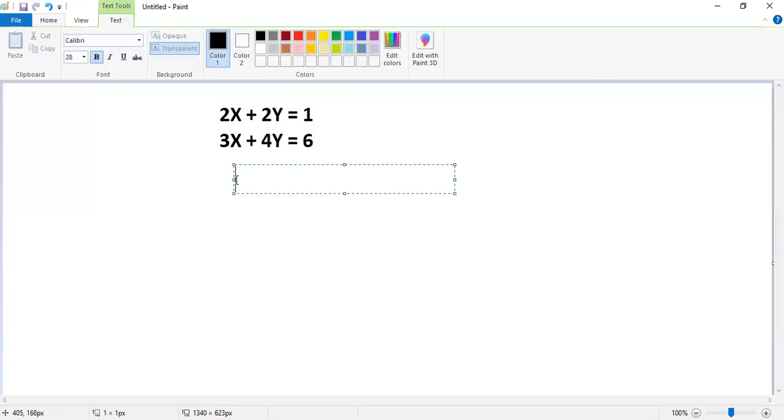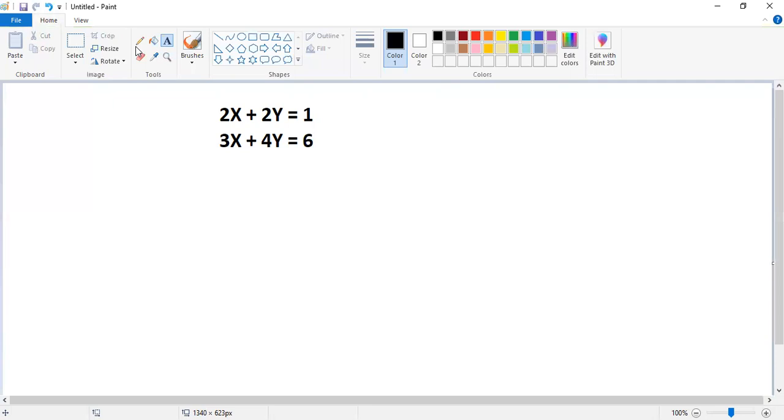So you first write it in the matrix form. That's group the coefficients at one side. When you talk about coefficient, it means the preceding values of an unknown. That's this, the 2, the 2, the 3, the 4. So we have 2, 2, 3, 4.